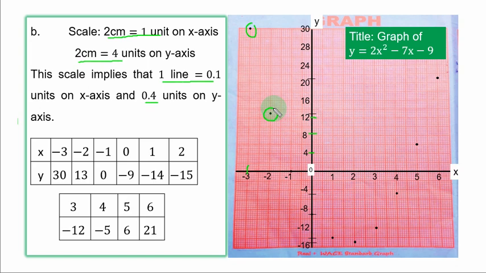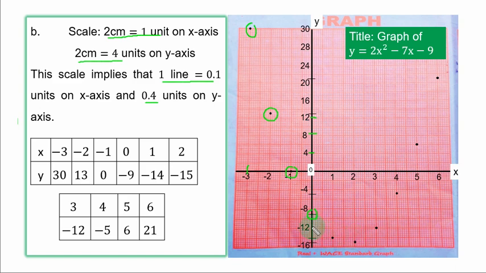Next point, when s is minus 1, y is 0. You plot that point directly on the x-axis. When s is 0, y is minus 9. If you do the same counting now, you have minus 9 somewhere here. When s is 1, y is minus 14.